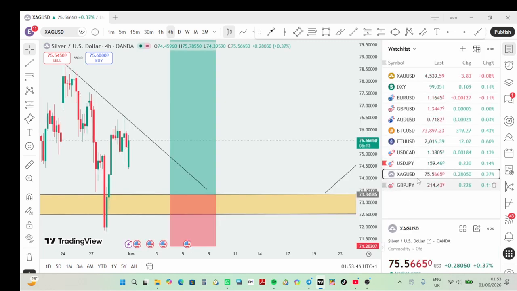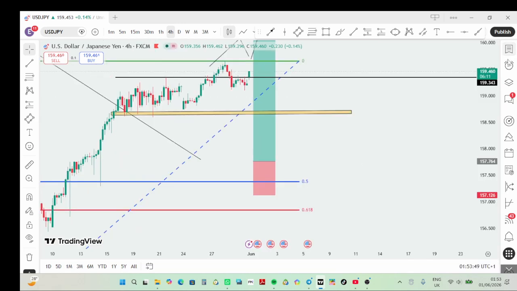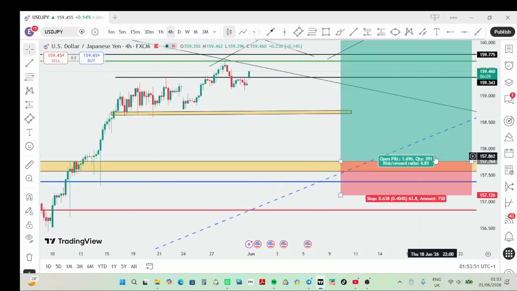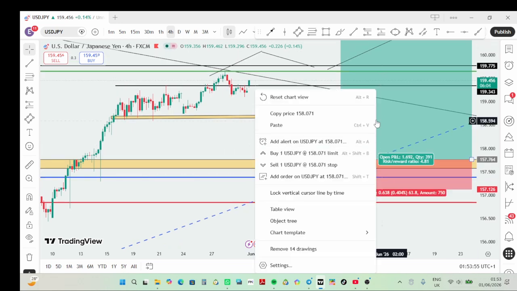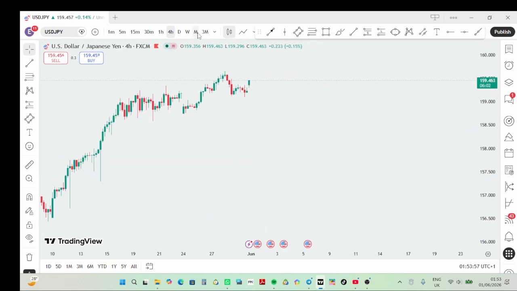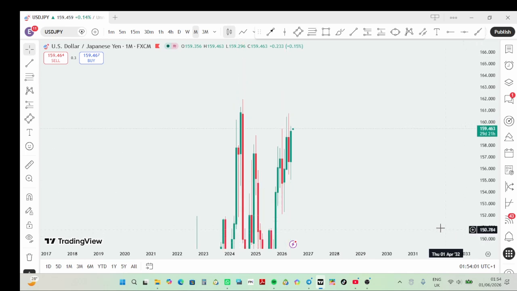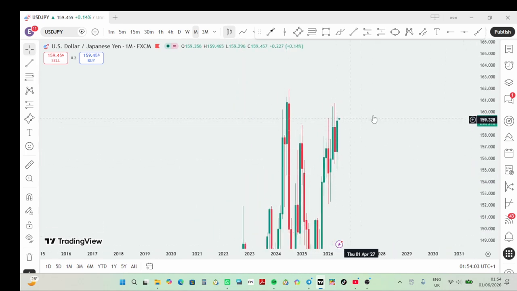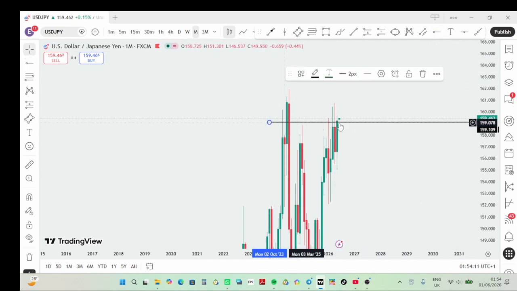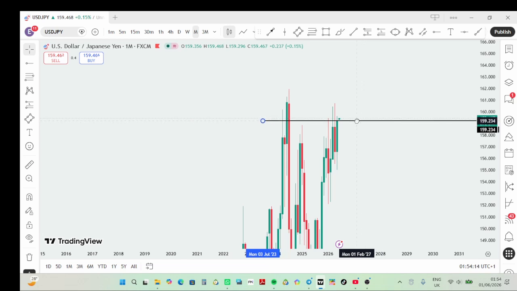Let me just touch USD JPY. Yes, I actually want to see a bounce here, and it may decide to start falling from there.